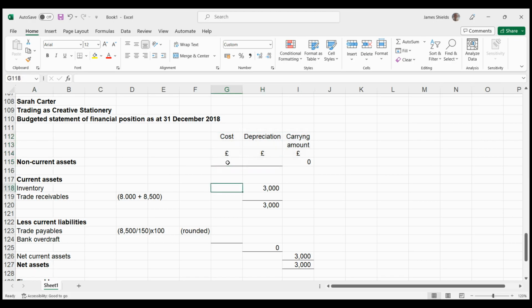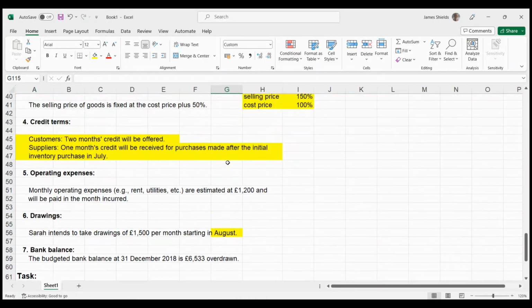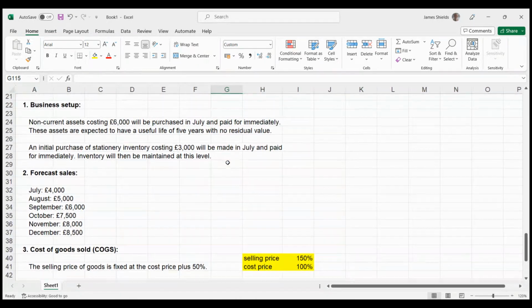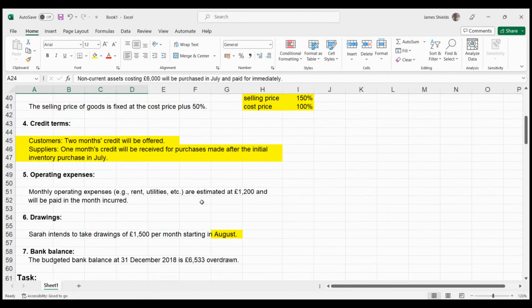Now the cost, we were told the cost in the part of the question right near the beginning. So let's go back to near the beginning of the information. Here we go. Non-current assets costing £6,000. Now we've just used it anyway in our depreciation calculation. So the cost is £6,000.